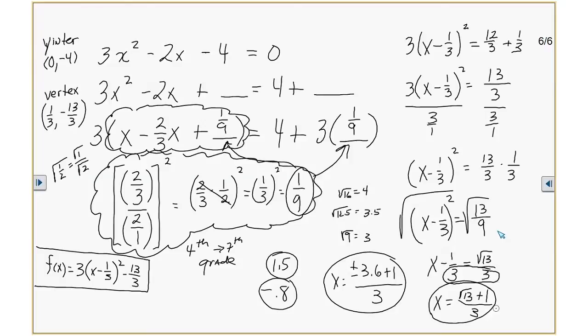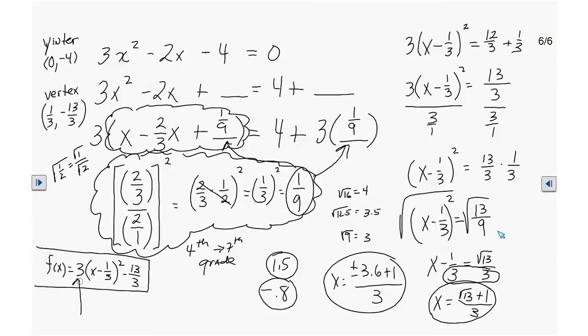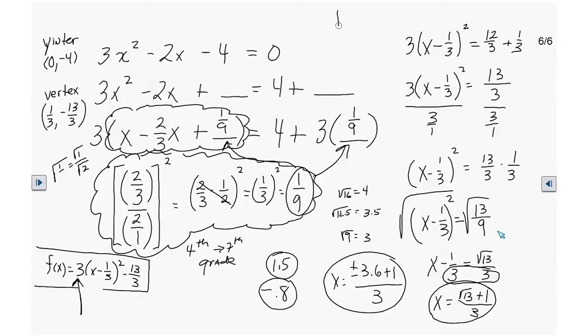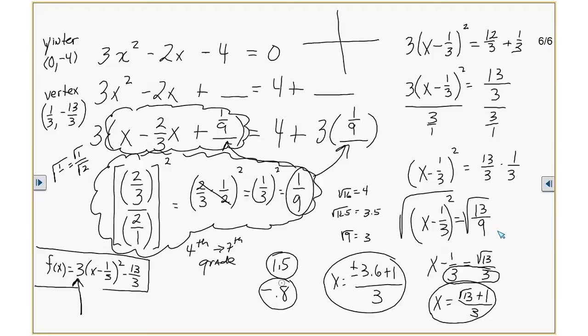Now, what is this one going to be? Look at your Unit 1. What does that tell you? It's going to be skinnier than the last problem. It's going to open upward because it's positive. This is the vertex, that's your horizontal shift, that's your vertical shift, and the y-intercept and the x-intercepts. Y-intercept is (0, -4).